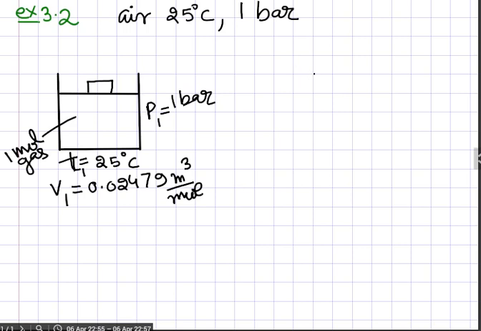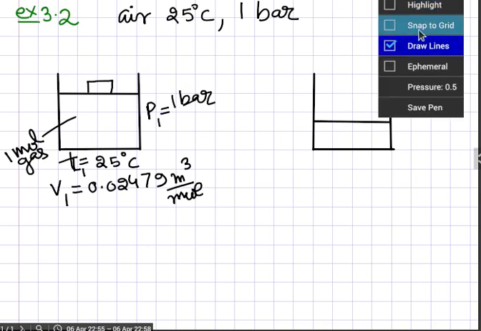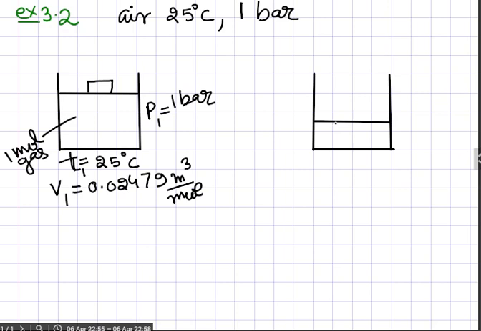Again I would like to draw a figure so that the problem can be easily understood. This is the cylinder, and I am drawing the piston line here. It means that the piston has come up to this point, and why has it come up to this point?